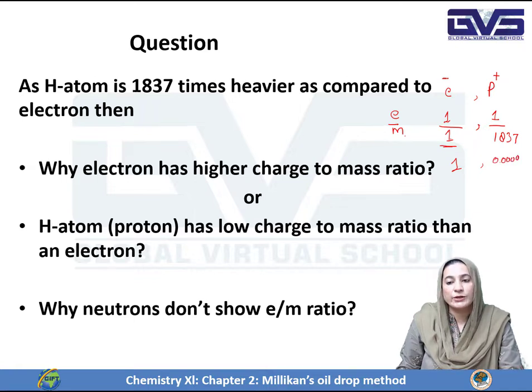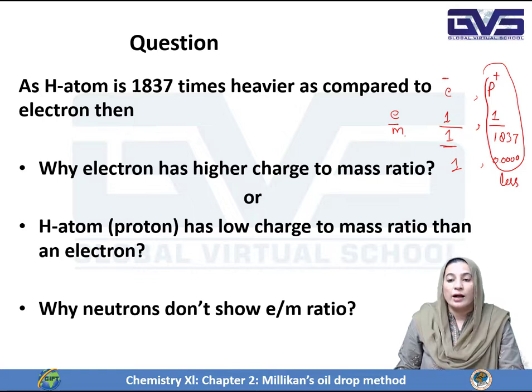It means the charge to mass ratio of the proton is less. Why? Because its mass is higher, and mass is what divides the charge. Wherever the mass is in the denominator and it is higher, the answer will be lower. So as the proton is heavier, its charge to mass ratio will be low. Although the mass of the electron is lower, its charge to mass ratio will be higher.